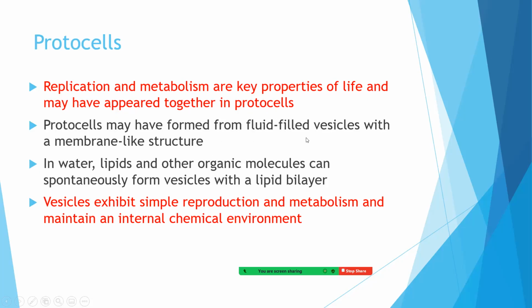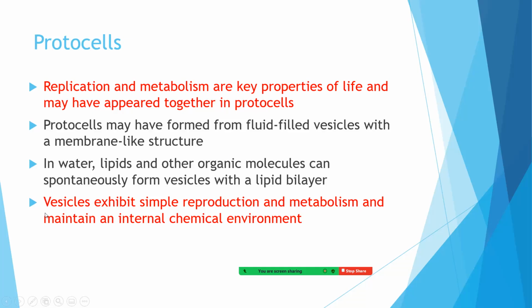Protocells are typically thought to have formed from fluid-filled vesicles that likely had a membrane-like structure, so the phospholipid bilayer that we think of. The properties of phospholipids allow them to create that outer shell for cells. So perhaps precursor biological molecules were being created at the same time that phospholipids were being created, and then all came together into a protocell.